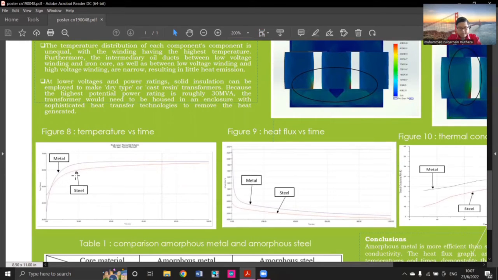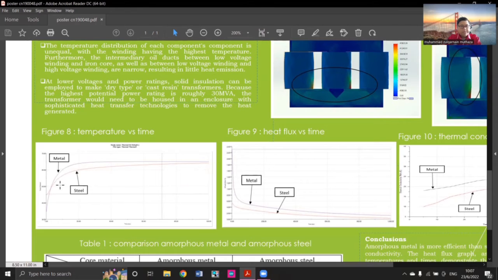I show the graph comparison between two materials, the atmosphere steel and the blue metal. This atmosphere steel core offers the lowest temperature compared to the other metal core, which reaches a higher temperature.